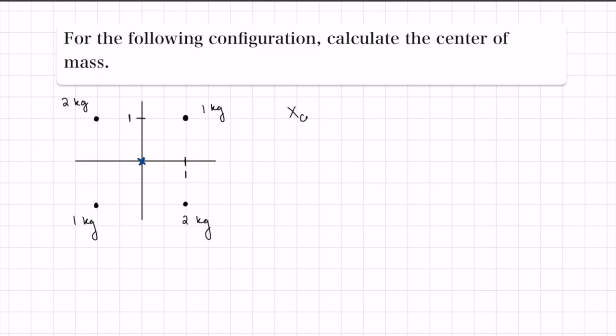So our x center of mass is the sum over the particles of the mass of the particles times the x position, divided by just the sum of the mass. And we get the same expression just with y's for the y center of mass.